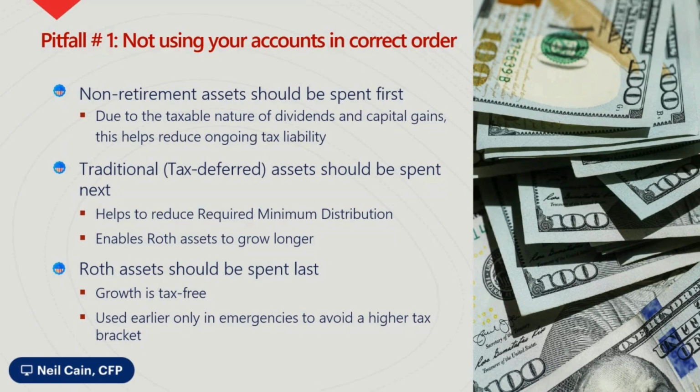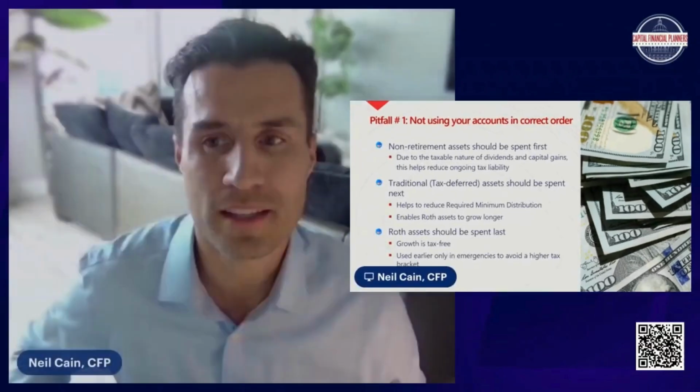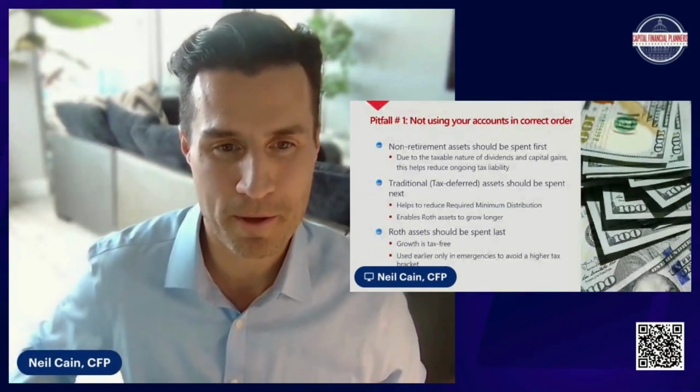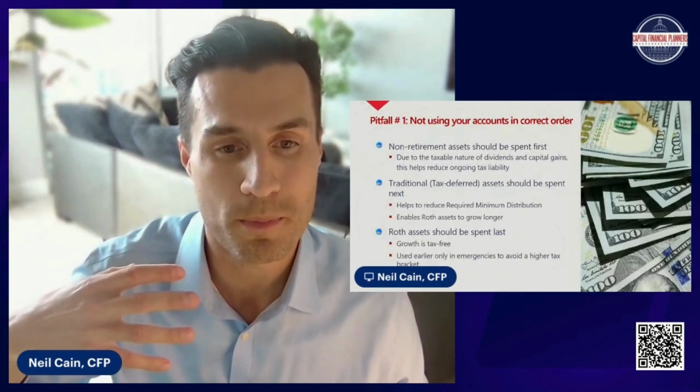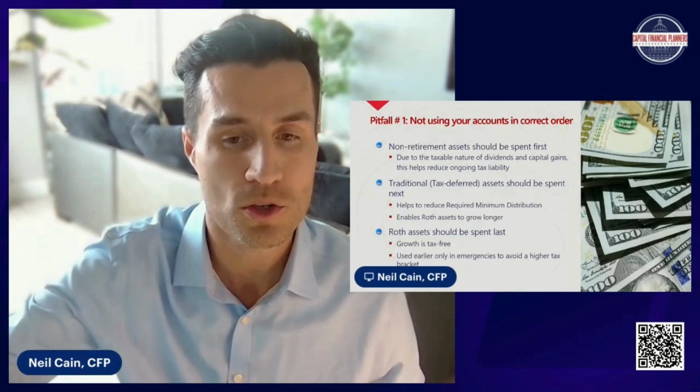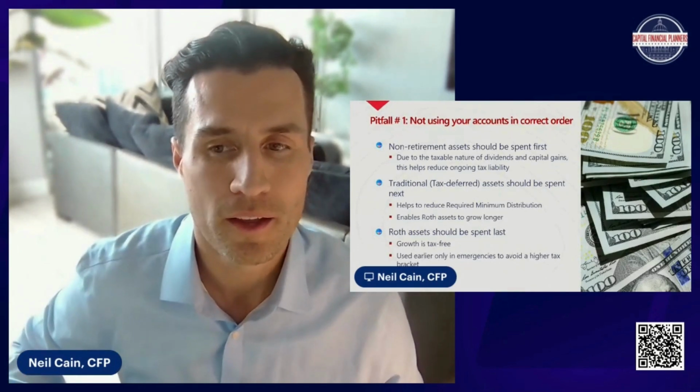We want those growing tax-free as much as possible so we can utilize those in emergencies, right? We can utilize those in emergencies, and we can let those puppies grow as much as possible, because that is where we're going to be able to create generational tax-free wealth, okay?